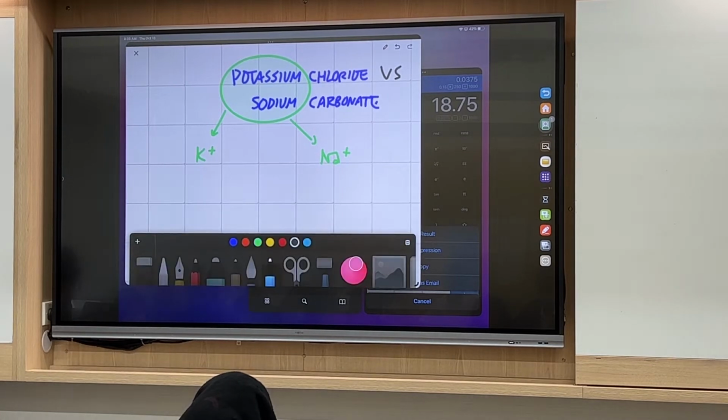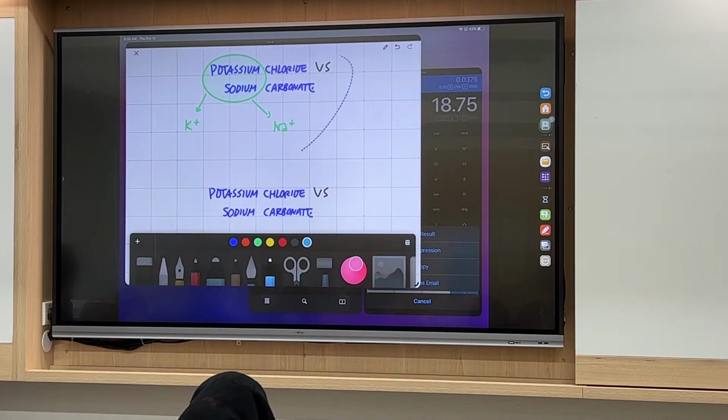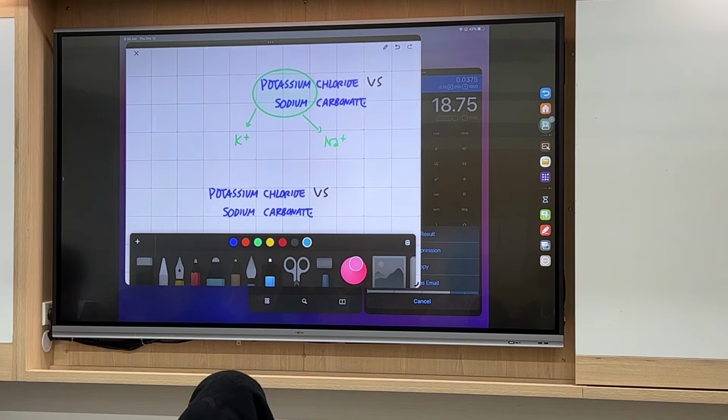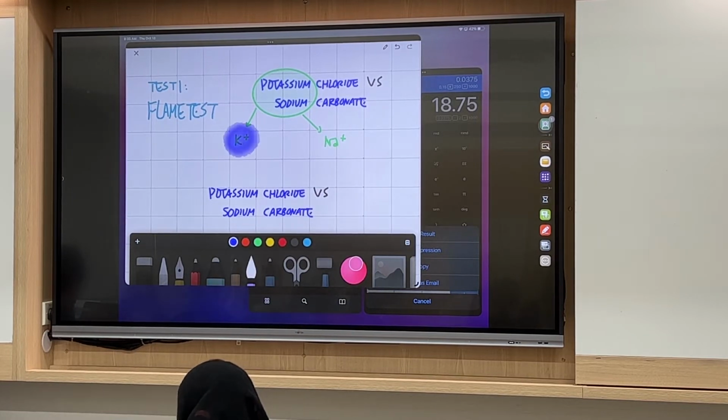So can you all put down, especially those who got the correct answer for this question, the first test we can do is the flame test. That's because K plus will give a lilac flame and Na plus will give a yellow flame in the flame test. So that's one way to tell them apart.